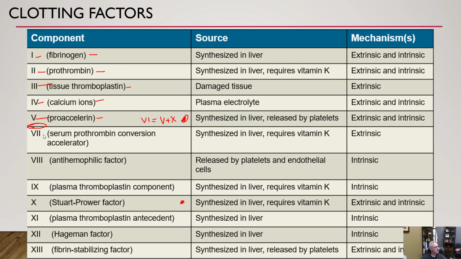So 7 is the serum prothrombin converting accelerator. 8 is anti-hemolytic factor. 9 is plasma thromboplastin component. 10 is Stewart-Prower factor. 11 is plasma thromboplastin antecedent. 12 is Hageman factor. 13 is fibrin stabilizing factor.